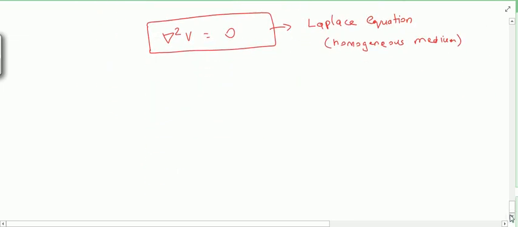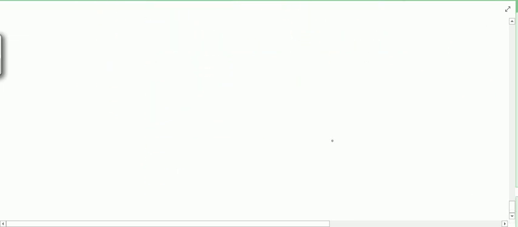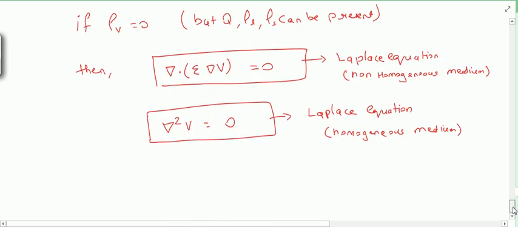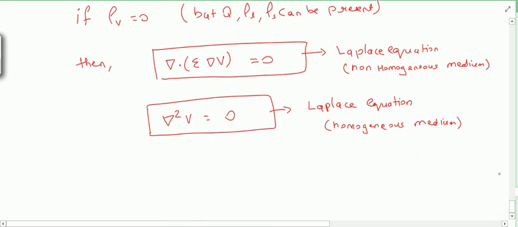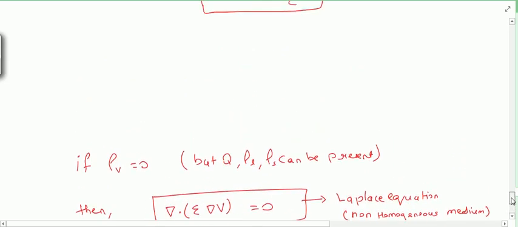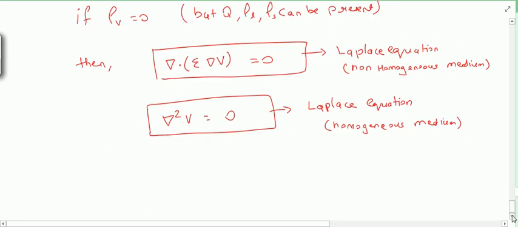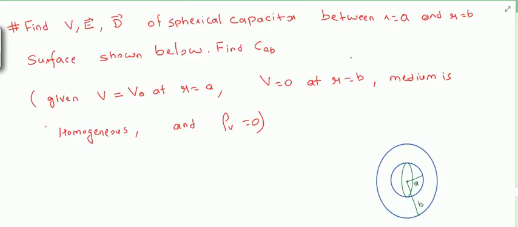Using that potential, you can find the electric field and then the displacement flux density. Or if you are given the potential, you can find the volume charge density or line charge density. So using the Laplace and Poisson equations, we can solve such problems. Now let us see one question.